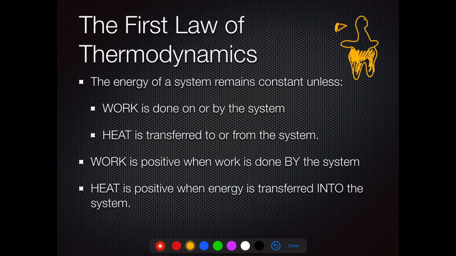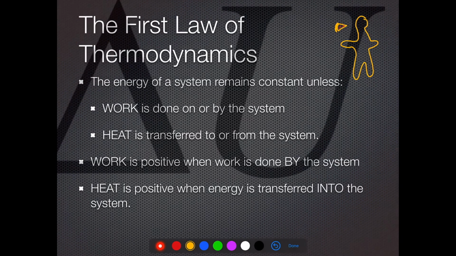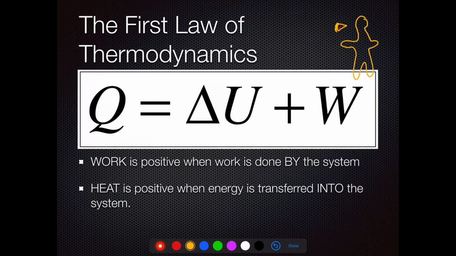Now, the other thing that can happen is if I decide to go out and work out so that I can go back to my normal, beautiful self, then that means that I am doing work on the outside, right? I will do work that then allows some of that internal energy to go away. Now this can be demonstrated by a formula. The amount of heat is equal to the internal energy plus the amount of work. Now remember, heat is positive when energy comes in.